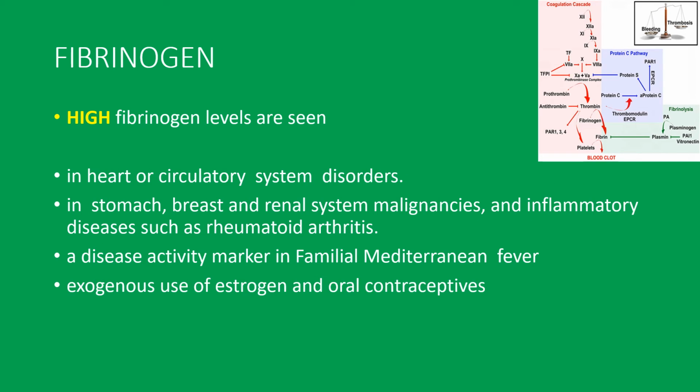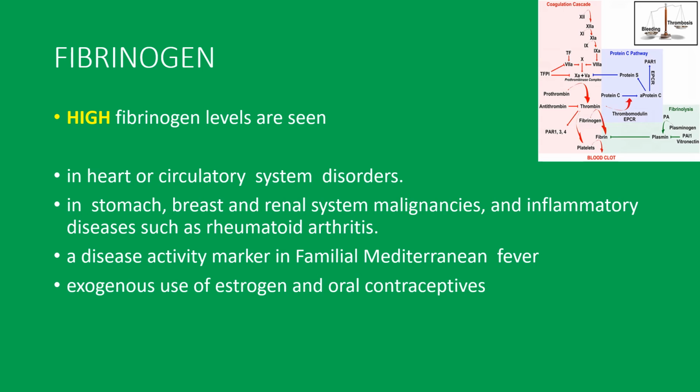High fibrinogen levels are seen in the following conditions: in heart or circulatory system disorders, in malignancies involving the stomach, breast, and kidney, as well as some inflammatory diseases such as your rheumatoid arthritis.